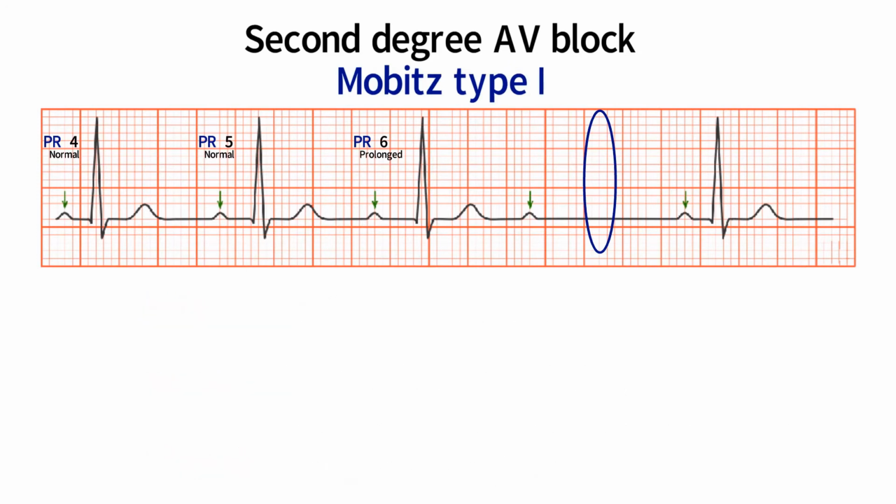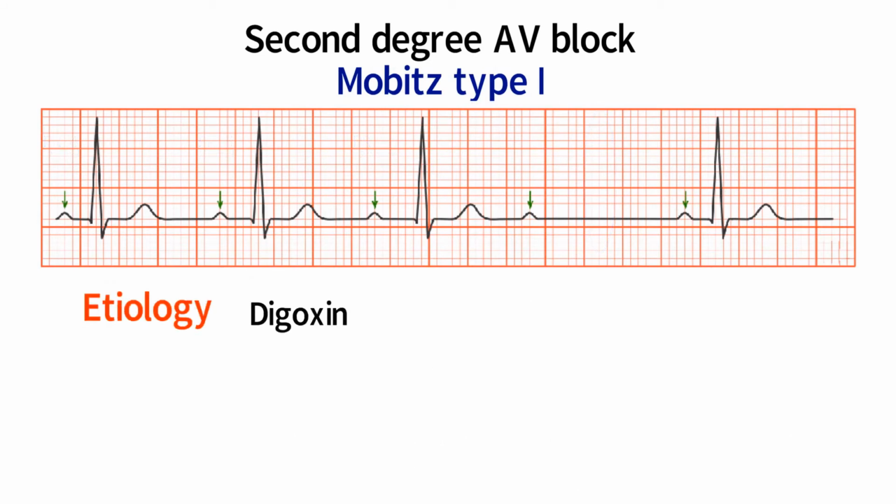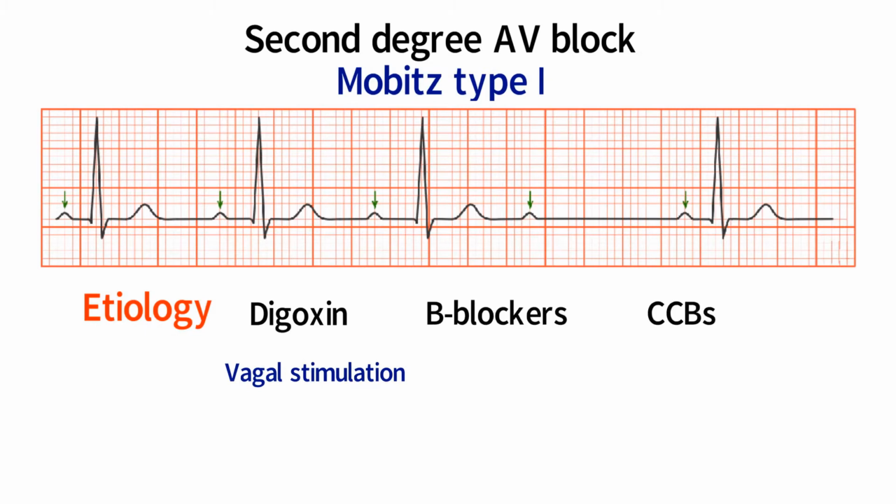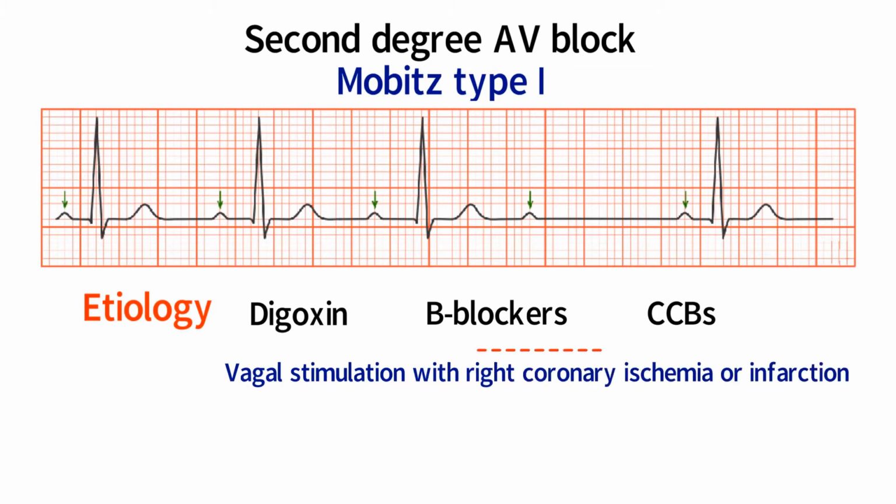So the etiology, it can be due to digoxin. Actually, digoxin stimulates the vagal action and can cause AV block, or beta blockers or calcium channel blockers. And it can happen with right coronary artery infarction or occlusion, because the right coronary is also supplying the AV node.